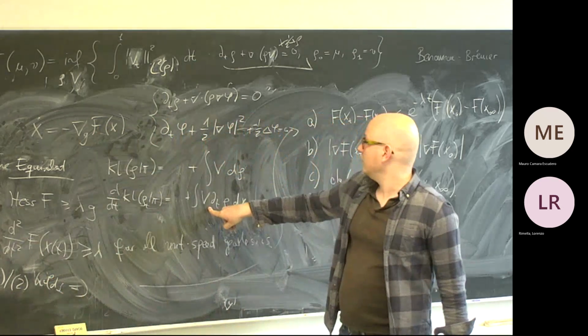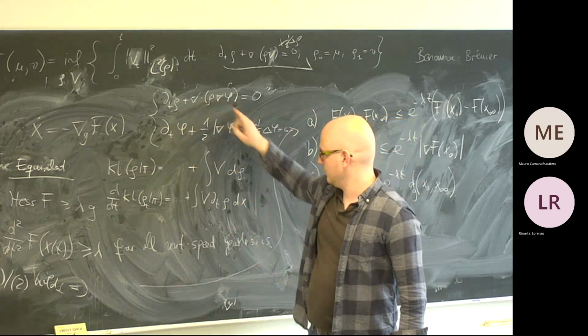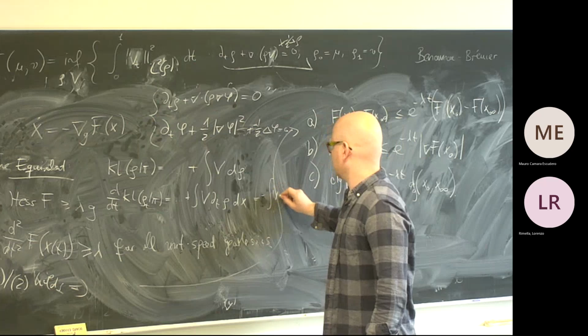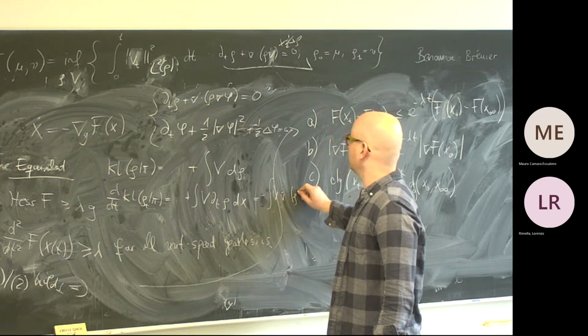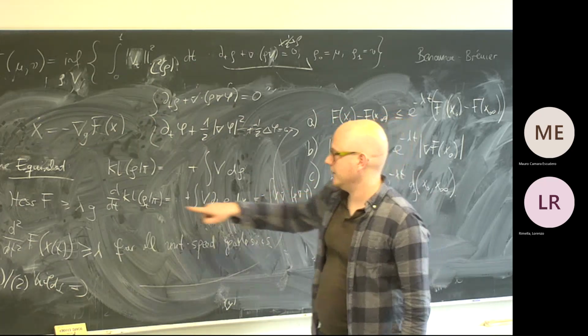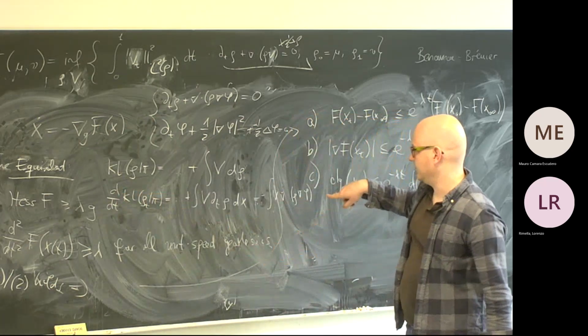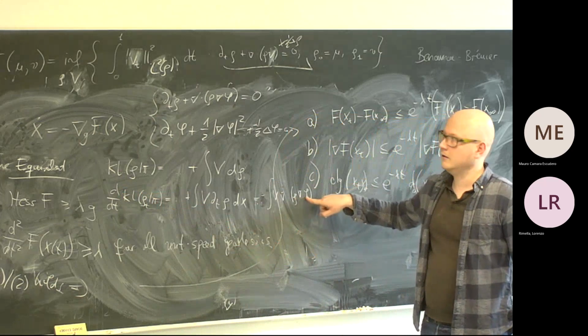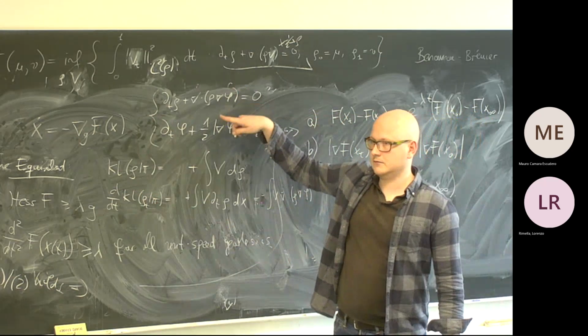Now here, I'm going to use the equation. And then I take a second derivative. Then the derivative falls on the rho and on the phi. And I use the equation again.